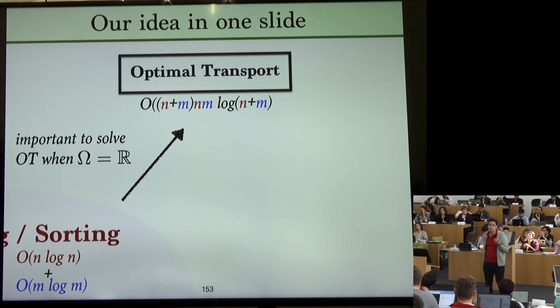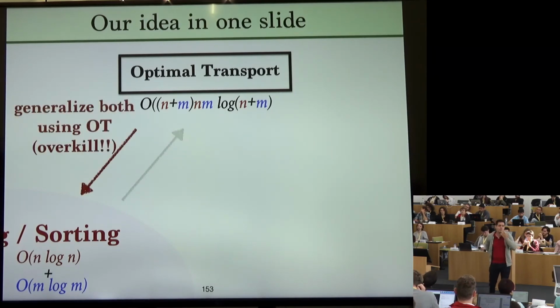So what I will do is something that sounds very stupid at first sight, which is, well, actually, you know what? I really like transport. And even if sorting is very cheap, I'm going to solve a sorting problem using transport. I'm completely fanatic about transport, and I'm not going to sort. I'm not going to use clever sorting algorithms.